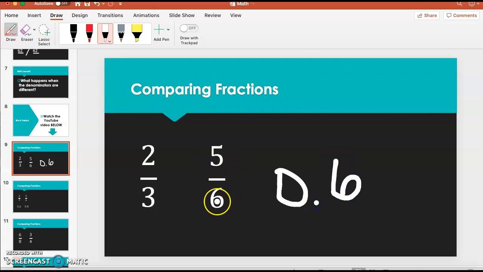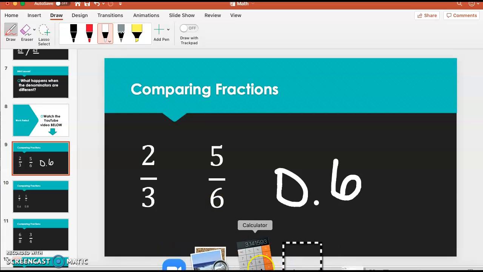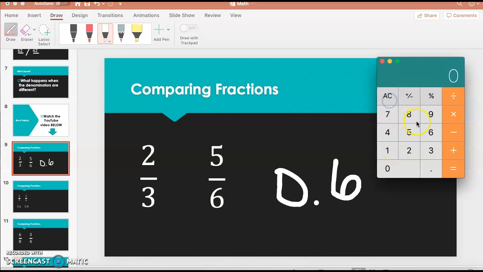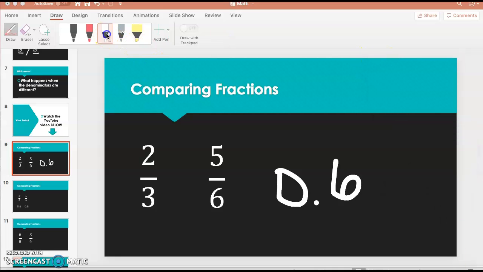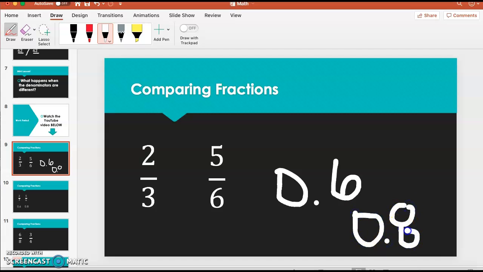okay? And then we've got 5 over 6. So we know in our calculator that's 5 divided by 6. We've got 0.83. So let's write that down. 0.83.